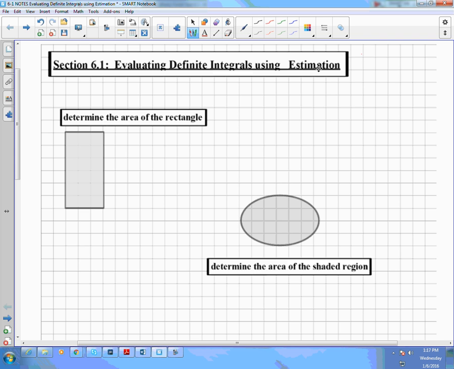Yeah, length times width. Okay, what's the width? 3. What's the length? 6. So area is length times width, which is 6 times 3, which equals 18 units squared.